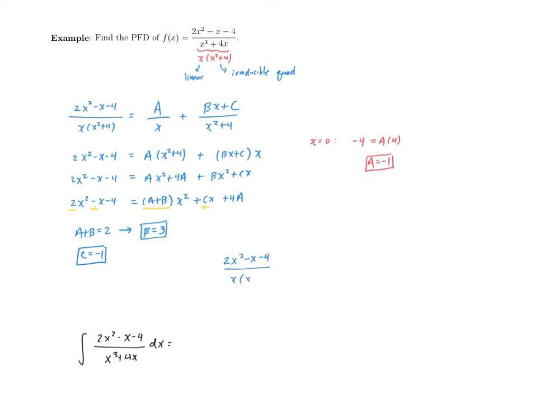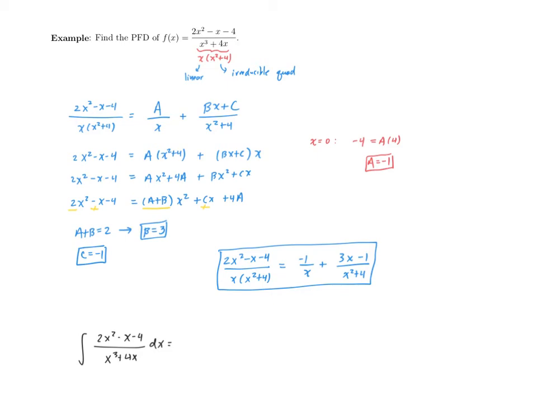So substituting in the values for a, b, and c above, we have minus 1 over x plus bx plus c all over x squared plus 4. And this is what we would refer to as the partial fraction decomposition of this proper rational function.